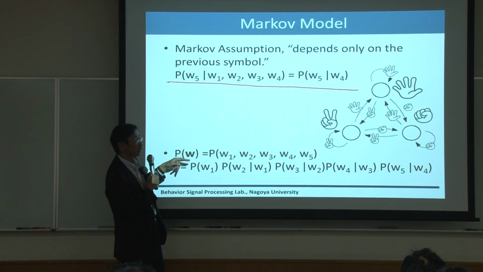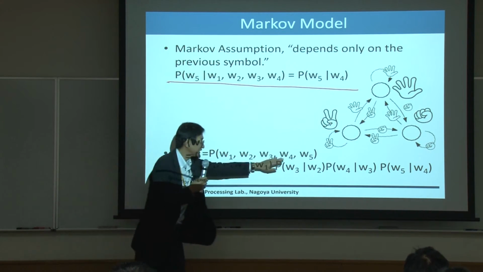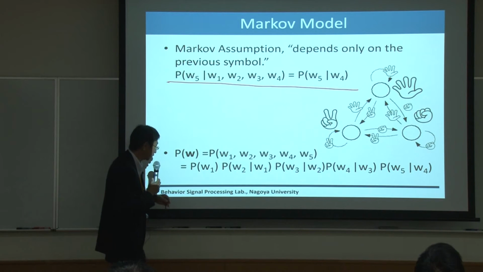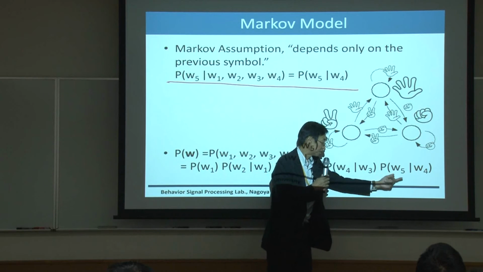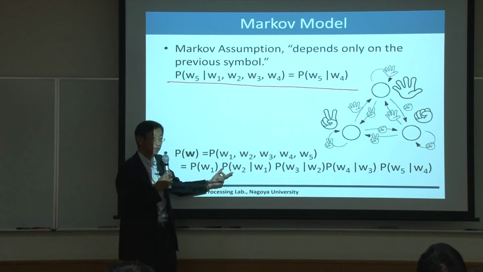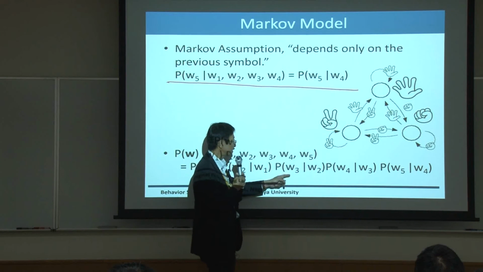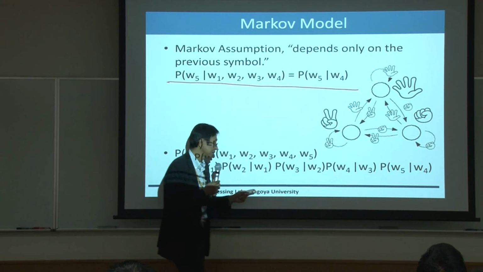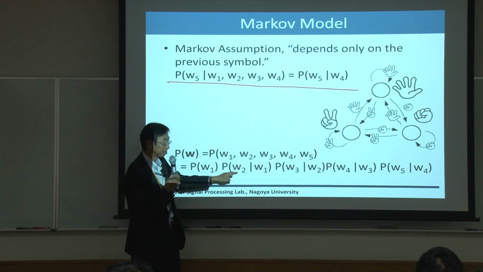But when you assume the Markovian characteristic holds for this calculation, then what you need to do is multiply these pairs of conditional probabilities: the probability of W2 conditioned by W1, the probability of W3 conditioned by W2, and so on. In other words, there is a one-to-one correspondence between previous and current.